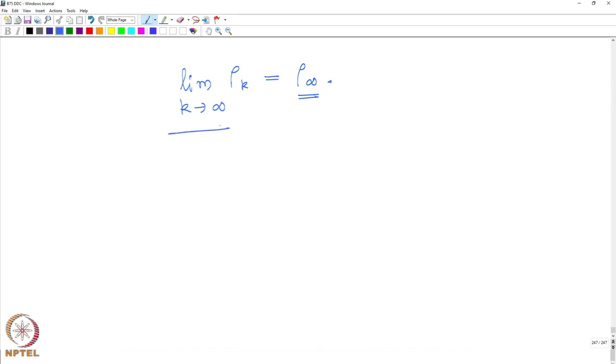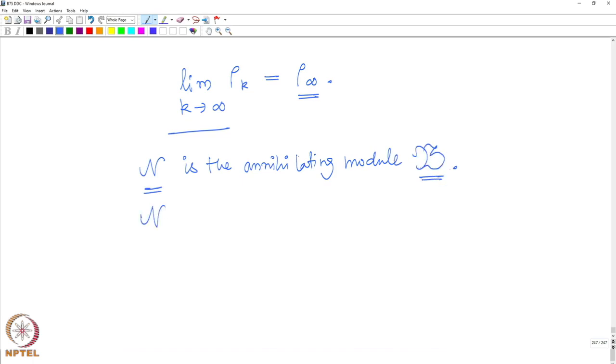Once rho infinity is there, we will also do the following. N is the annihilating module of the behavior, and the same definition applies for these, and we will notice that this Nk is identifiable with Bk perp.